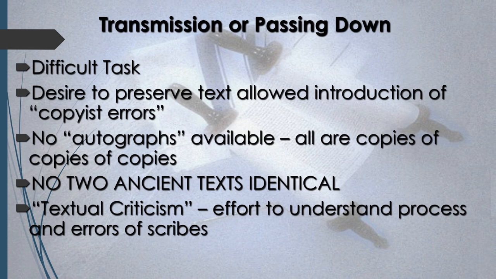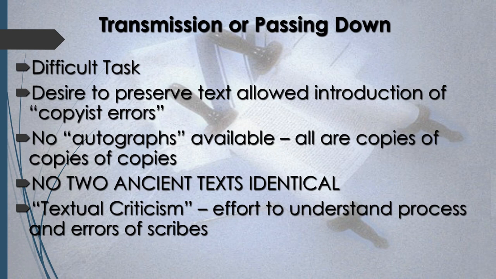And so what we're going to do now is simply look at several types of copy errors that could happen. The point of this is to let you know this can help us understand why we have differences in our manuscripts that are not intentionally different.